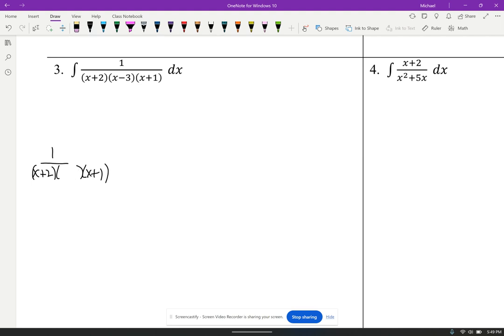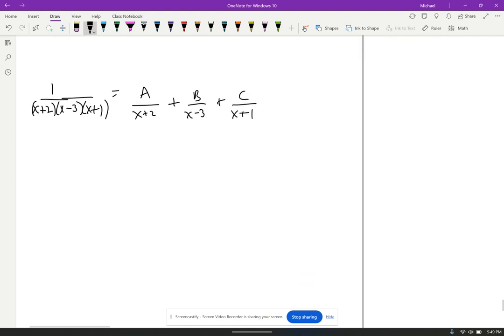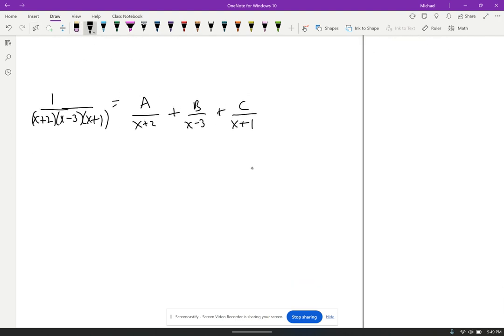All right, so I went a little fast here, and it got a little sloppy. All of this is equal to a over x plus 2 plus b over x minus 3 plus c over x plus 1, right? But we're going to multiply both sides by the common denominator.